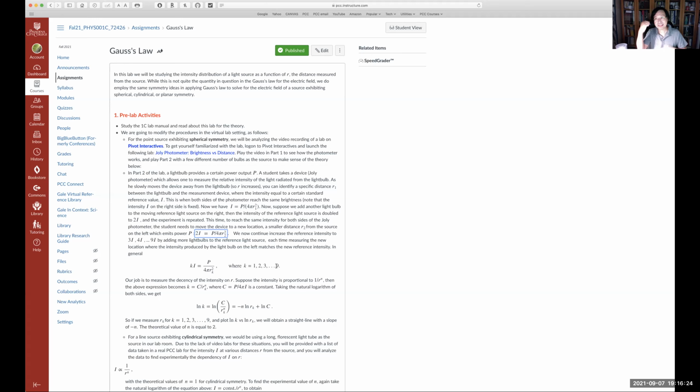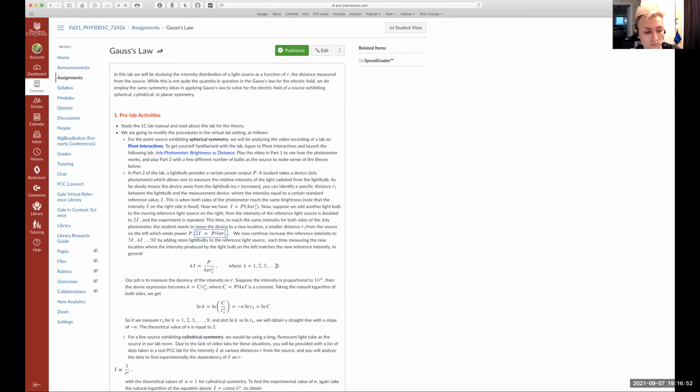If I were to draw a Gaussian surface centered at that point source, a Gaussian sphere, then how much total power does it intercept? Let's say the total power intercepted is P. Now let me ask you, does this P depend on the size of this sphere? In other words, if I'm using a bigger sphere, would I intercept less or more power?